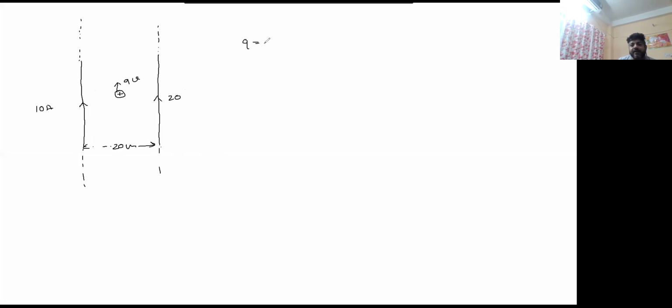The value of the charge is 10 to the power minus 3 coulomb. Velocity is 5 into 10 to the power 4 meter per second. Find the force applied on the charged particle. चलो ट्राई करो तो. 10 ampere and 20 ampere.